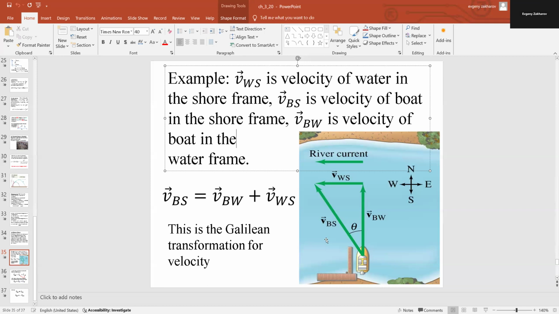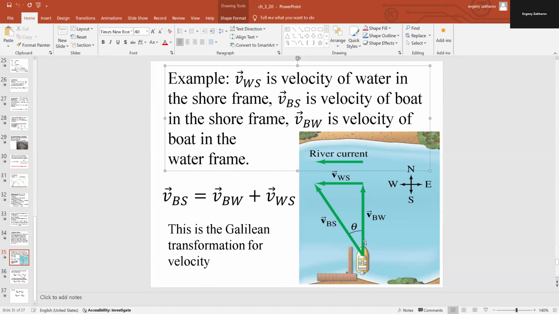So there is a reference frame for, say, the ground, the shore. And then there is the river that moves. And you are on the third object, the boat, that is going in a certain direction. And you want to know how the boat will behave with two different kinds of motion. The first motion is with respect to the water. See how it's going to just go across the river.